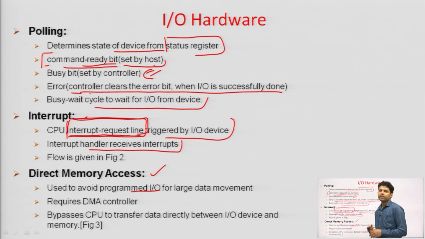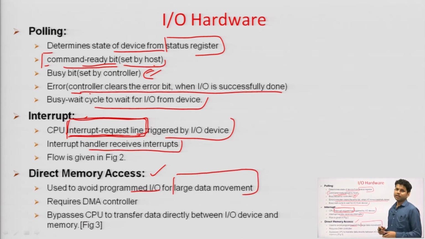Some operating systems support programmed I/O. They just fix some general purpose or specific purpose registers to handle the input output, but the use of programmed I/O is not beneficial when you are talking about large data movement. Large data movement involves disk transfers.